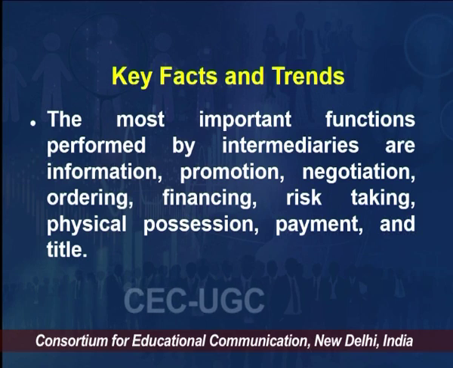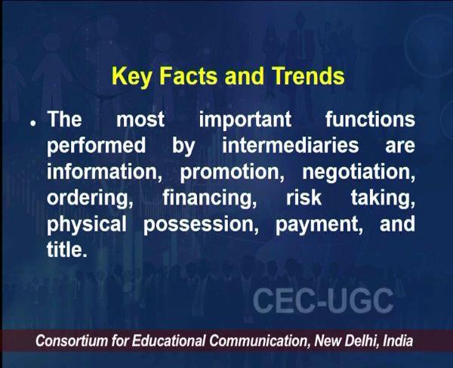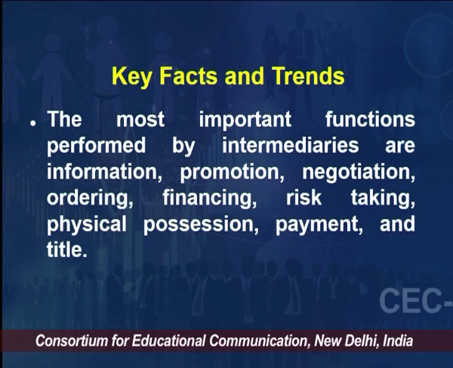The most important functions performed by these intermediaries are basically information, promotion, negotiation, ordering, financing, risk taking, physical possession, payment and title. So, these are the activities performed by these vendors which make them very significant in this entire distribution process.